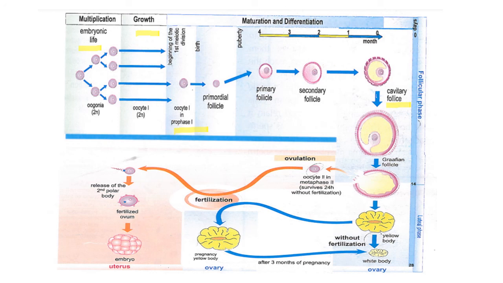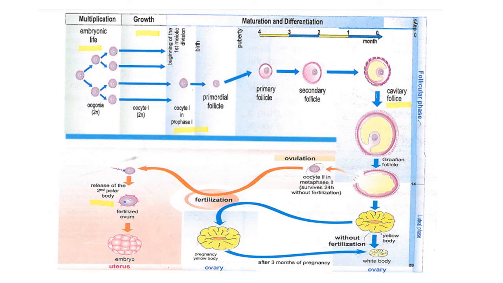If there is fertilization, oocyte 2 will be fertilized in the fallopian tube. Fertilization allows oocyte 2 to continue meiosis 2 and to release the second polar body and the fertilized ovum or ootid. So only fertilization allows oocyte 2 to continue meiosis 2.